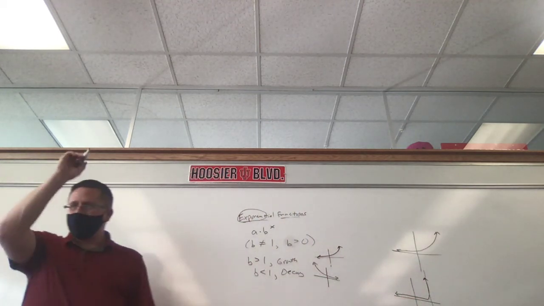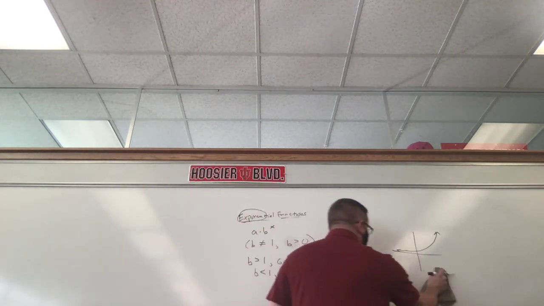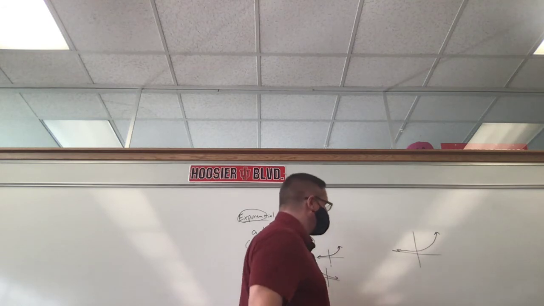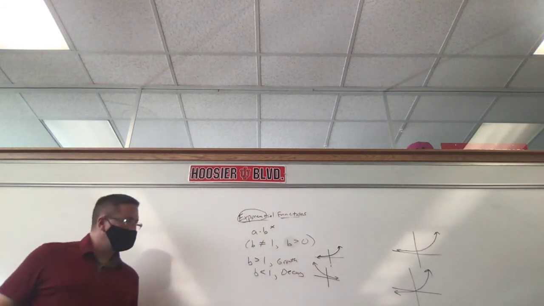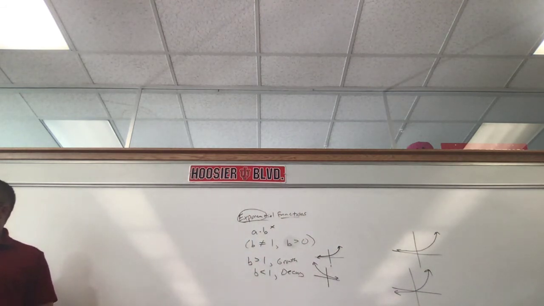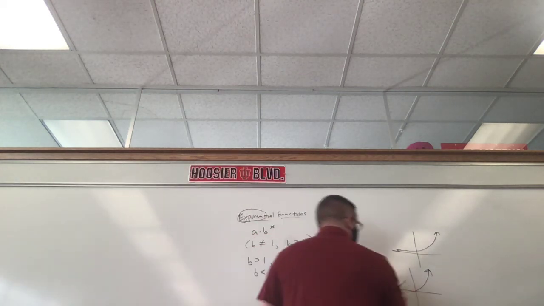It better not look like a right angle. That's terrible. Even though it looks pretty, that's not right. Or don't do this. What's wrong with this one? It didn't just touch the x-axis, it touched it and went under it. It doesn't do that.